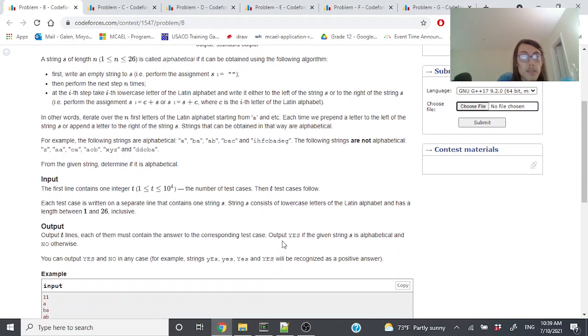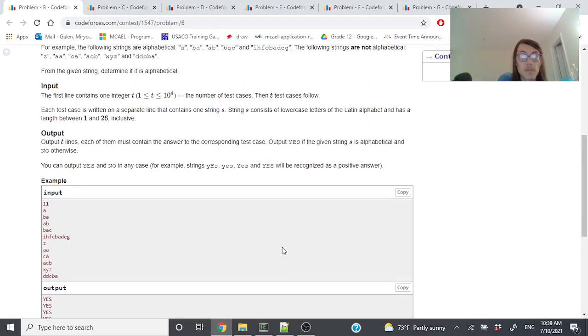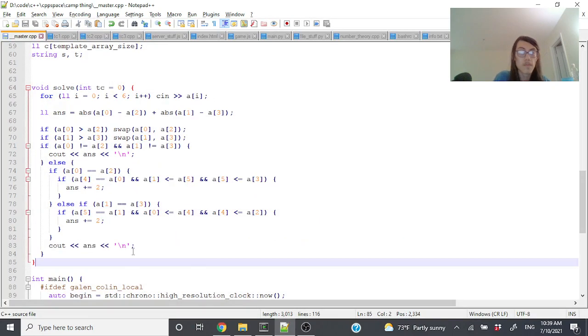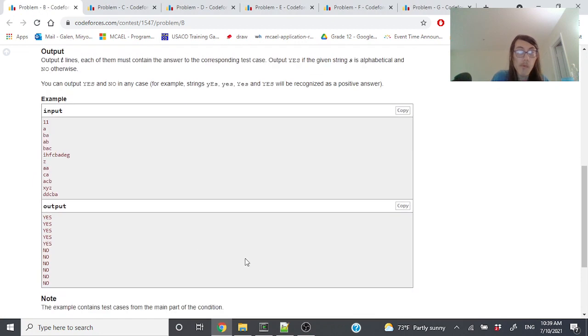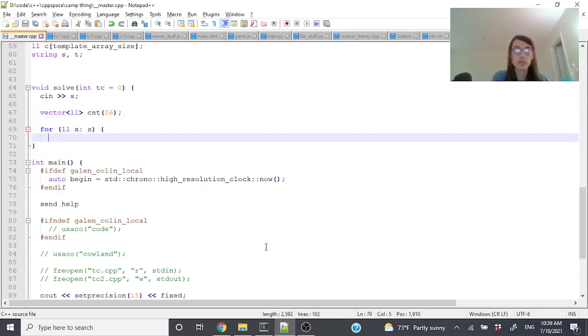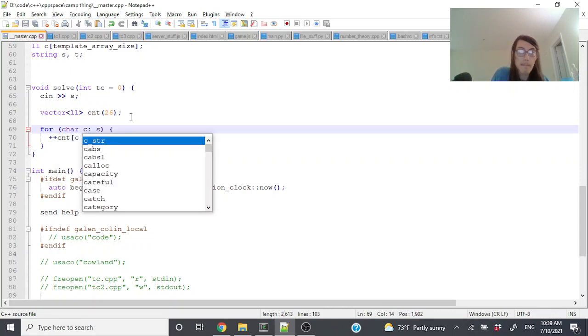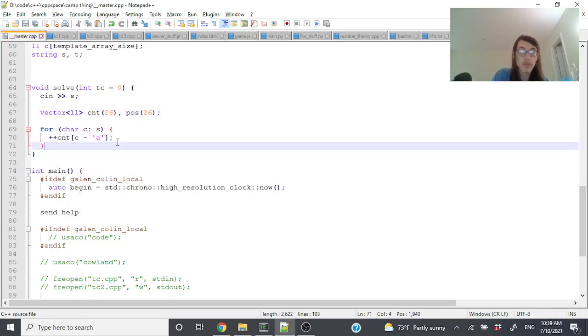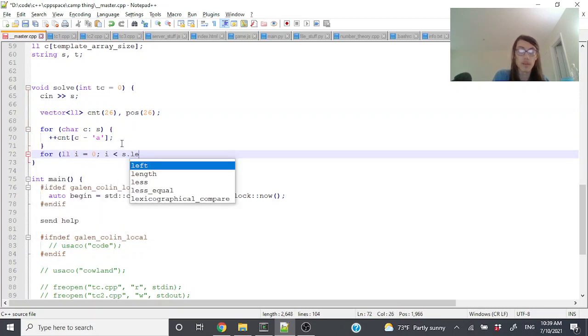String length n. Write an empty string to s. I don't know why I didn't do this in the first place.